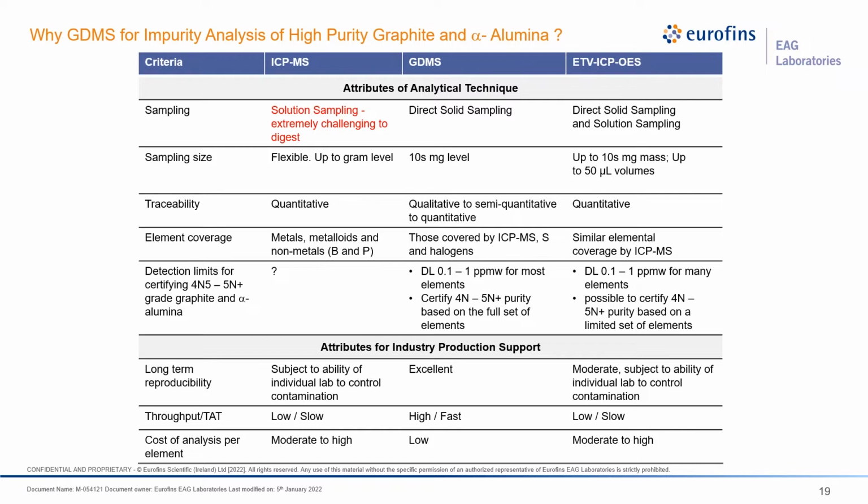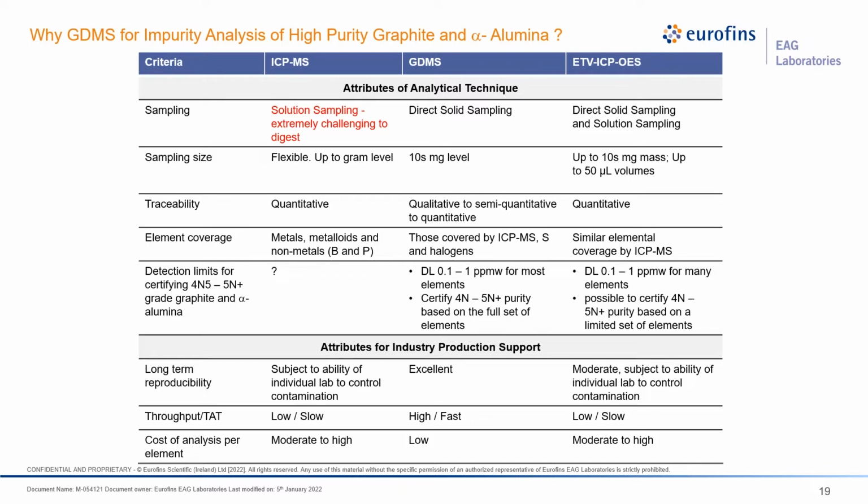For ICP-MS, we want to go over this in terms of two categories of criteria. Like any other thing, we need criteria when we're judging something, and then we can make decisions with it. In terms of production support, we need not only the attributes of the analytical technique itself, but also how well it can support the industrial production process.